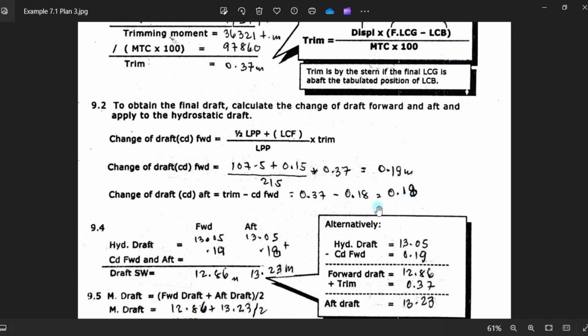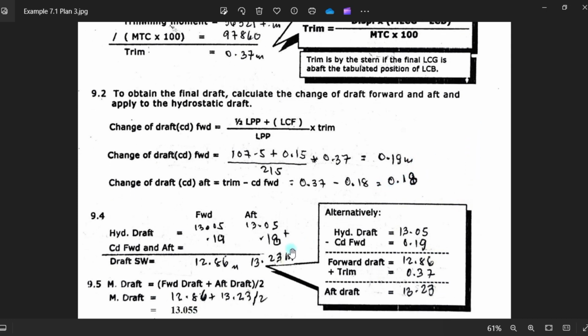Let's check, guys. 0.37 minus 0.19 equals 0.18. So this is supposed to be 0.19 for forward, and your change of draft up will be 0.18.